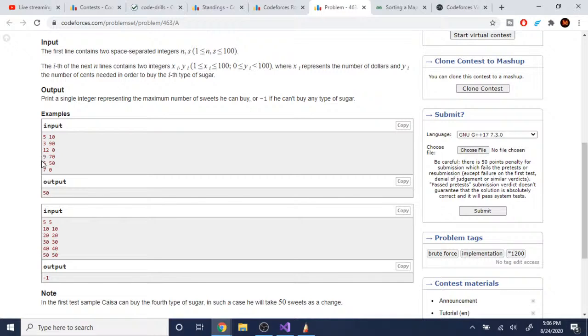So $3, I get 90 cents, right? $3.90. If I have $10, I'm gonna divide 10 by 3, and that will give me the number of times I could buy it, which would be 3 with remainder 1. So I cannot buy. The change is.